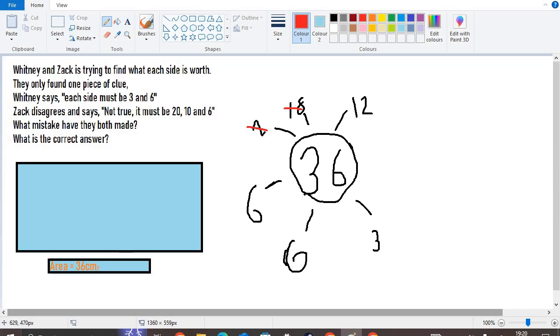These two 6s are way too long for the square, so we're going to have to eliminate these two. And now we're only left with 12 and 3. 3 may be a silly side, but it might actually be true. 2 for sure is going to be small, but it kind of depends on the grid.